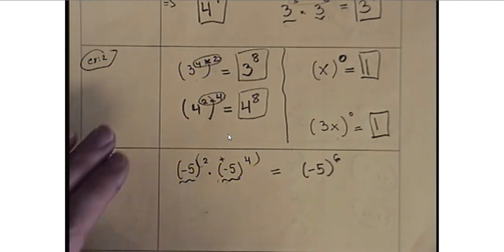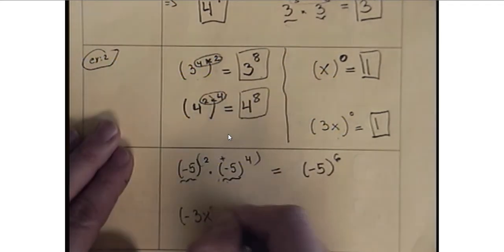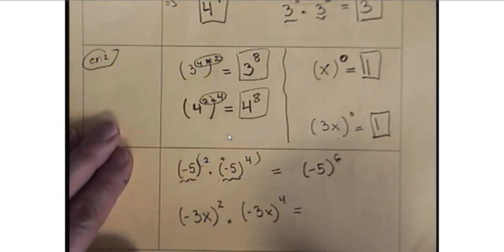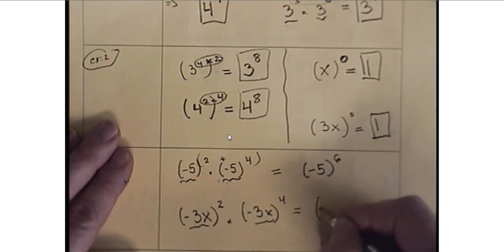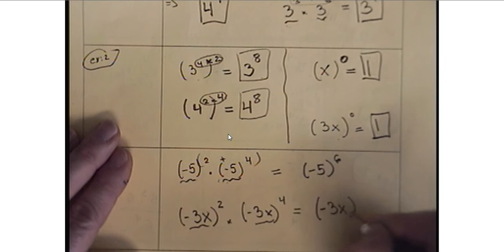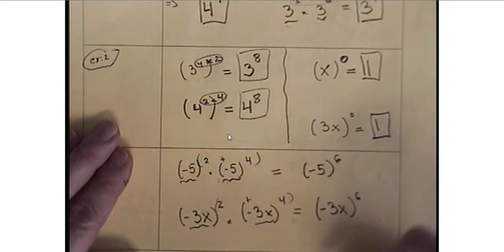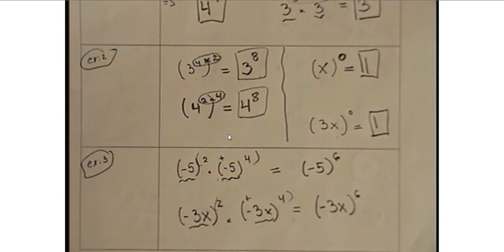Or maybe I can have negative 3x to the second times negative 3x to the fourth. Same thing. The base stays the same, negative 3x. 2 plus 4, we add and get to the power of 6, and that will be my answer.